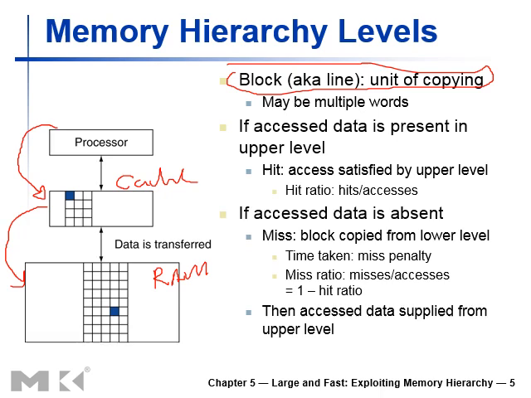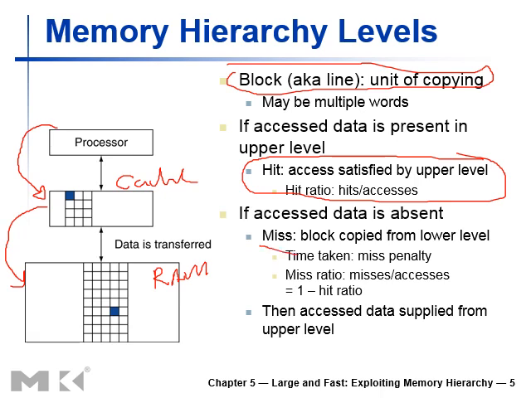So if the data being accessed is present at the upper level, that is called a hit. The hit ratio is the number of hits per access. If the data is not present in the upper level, for example the cache memory, that is called a miss.